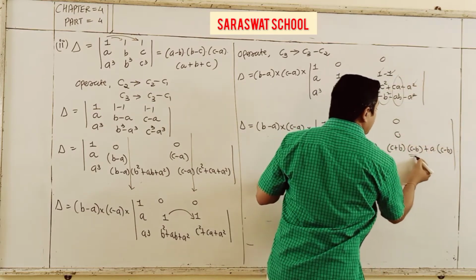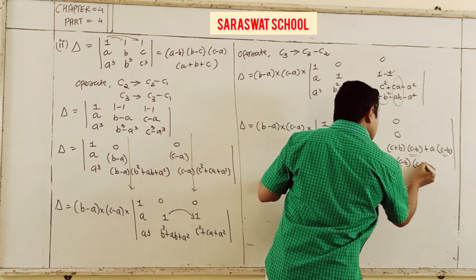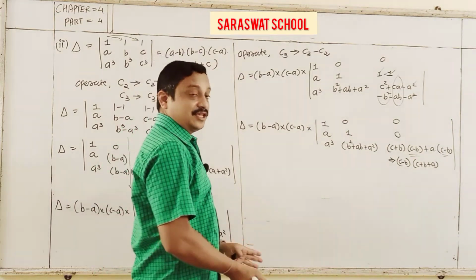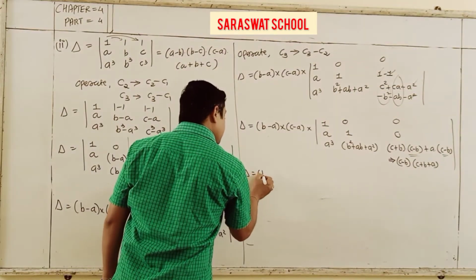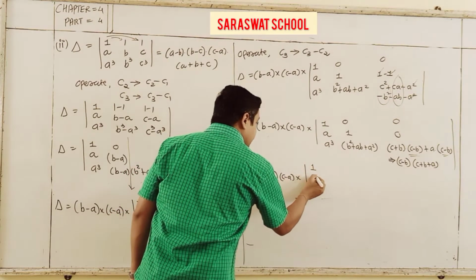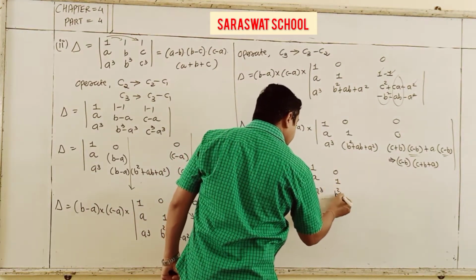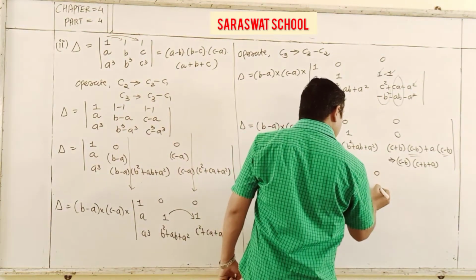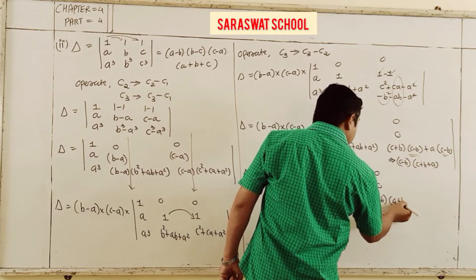One more time you take common, so it should be c minus b common, c plus b plus a. Now finally this value you will take common outside, so del b minus a, I will write down one more step, 1 a cube, 0 1 a square, and here 0 0, that should be c minus b with a plus b plus c.